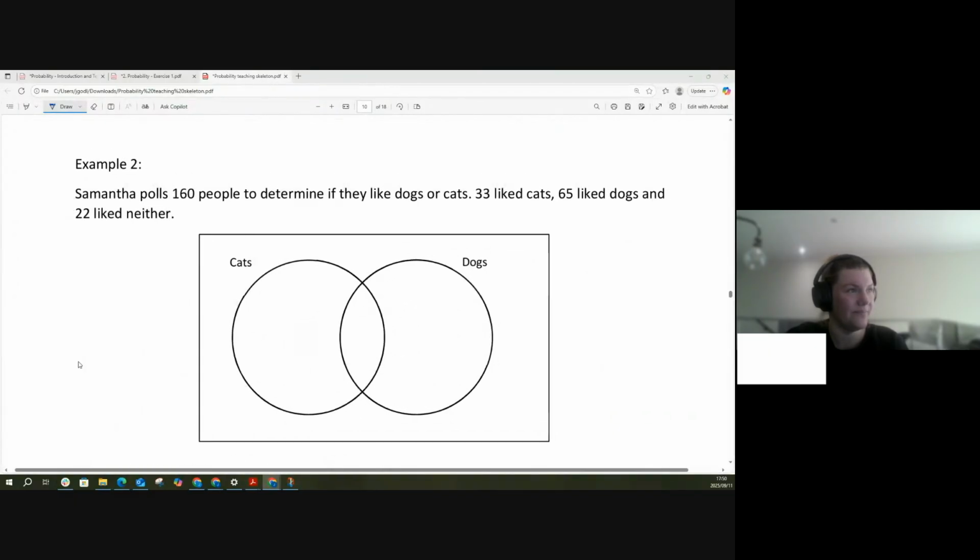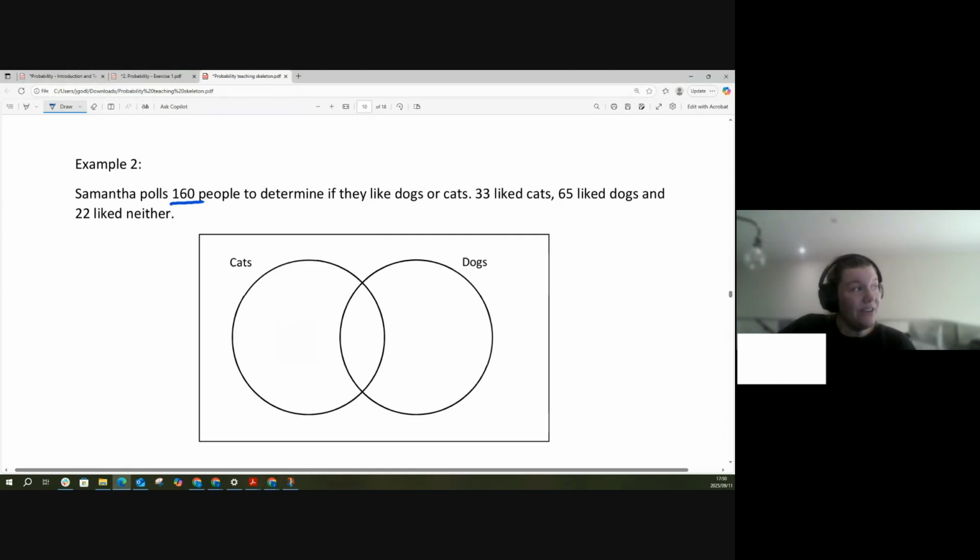Okay. Your first mission, everyone, is to try and make this Venn diagram. So I've helped you with a little bit. I've drawn your box for you. I've drawn your two circles for you. You've got cats and you've got dogs. There is important information here.